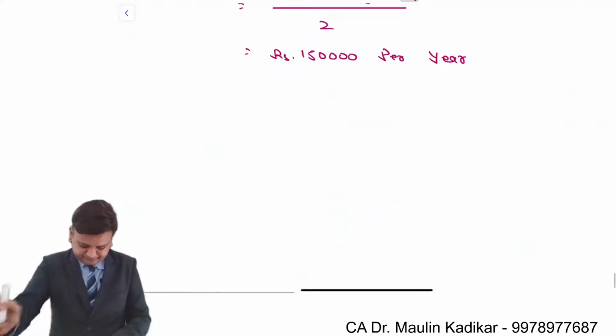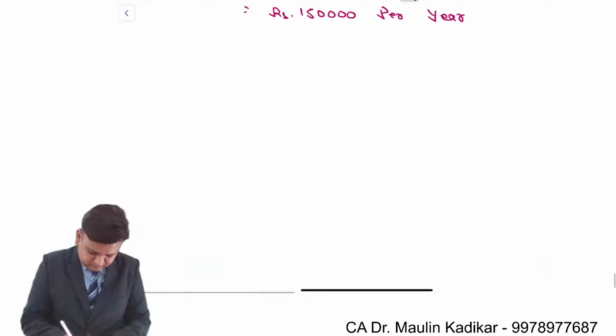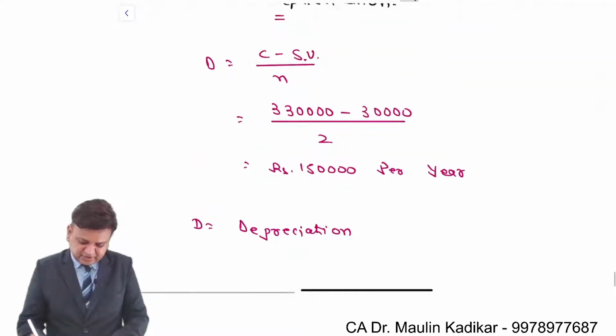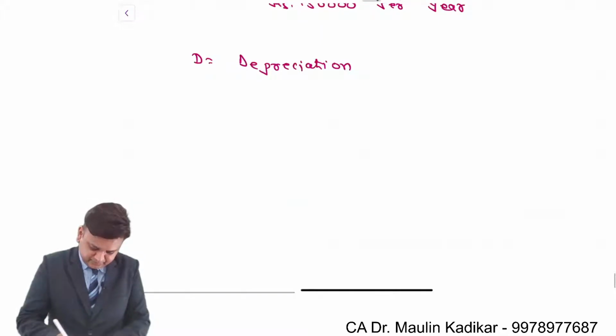Read an answer. D stands for depreciation. C stands for cost of machinery.